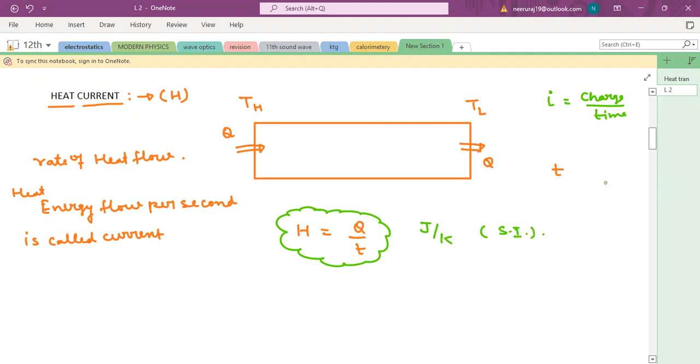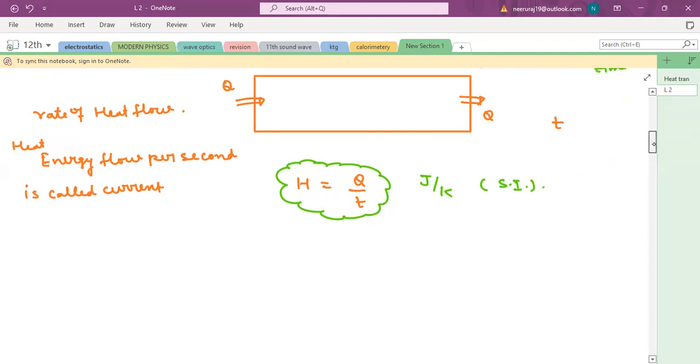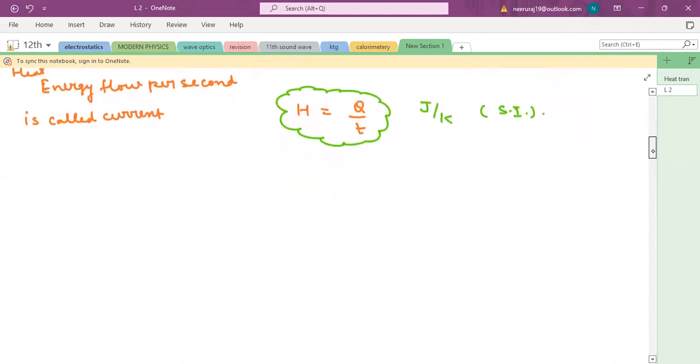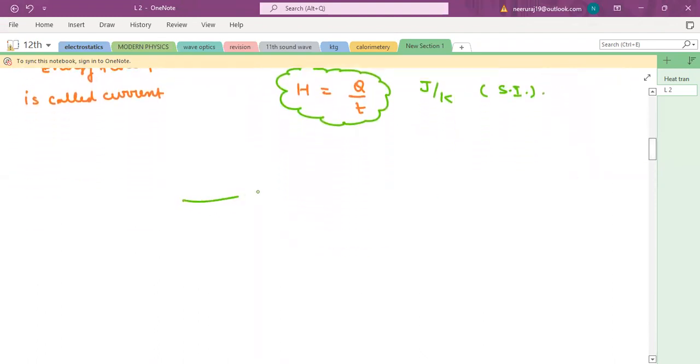And we are studying this topic in steady state. Suppose we have this kind of material. As we are talking in steady state, there is no accumulation of energy.